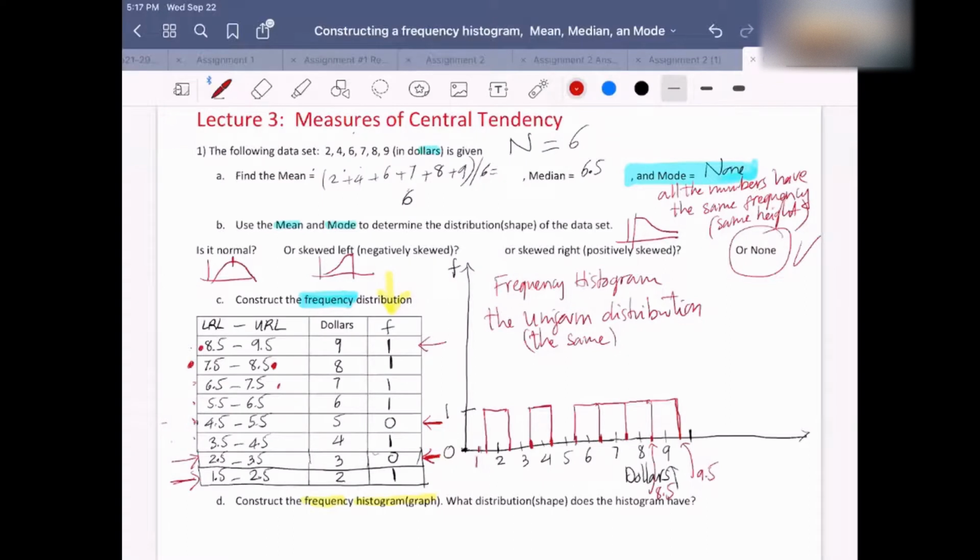So no bar is higher than the others. That means that is the uniform distribution. Okay, good. When you see no mode, you know that is not normal, it's not skewed, right? Then it has to be uniform because all the bars have the same height. Okay.